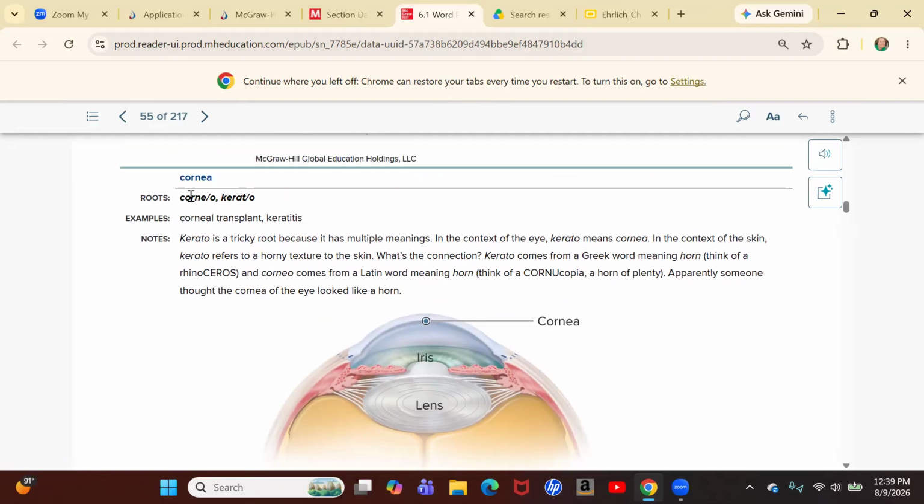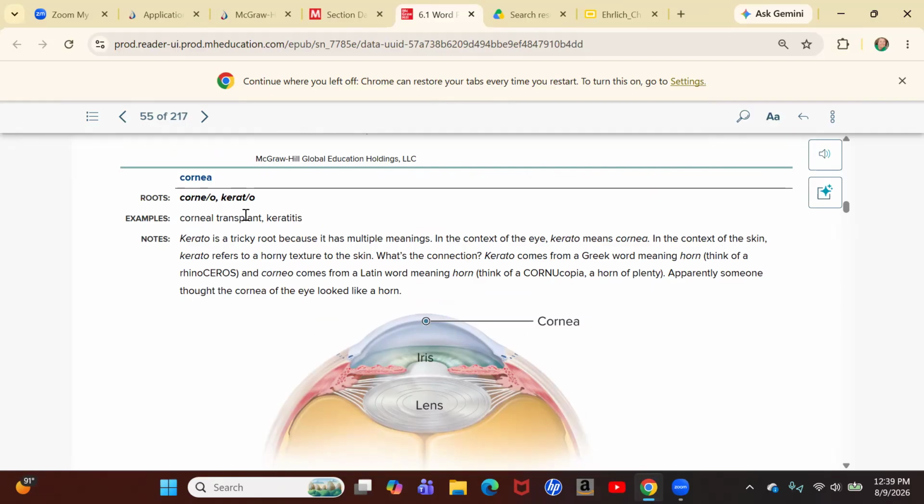So the root words and combining forms for cornea, remember known as the window of the eye, you have corneo and cerato. Corneo and cerato. That term cerato does have multiple meanings.